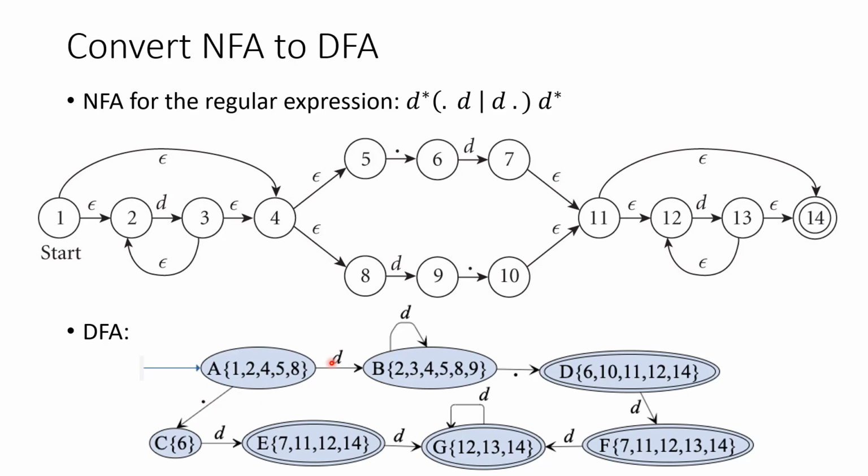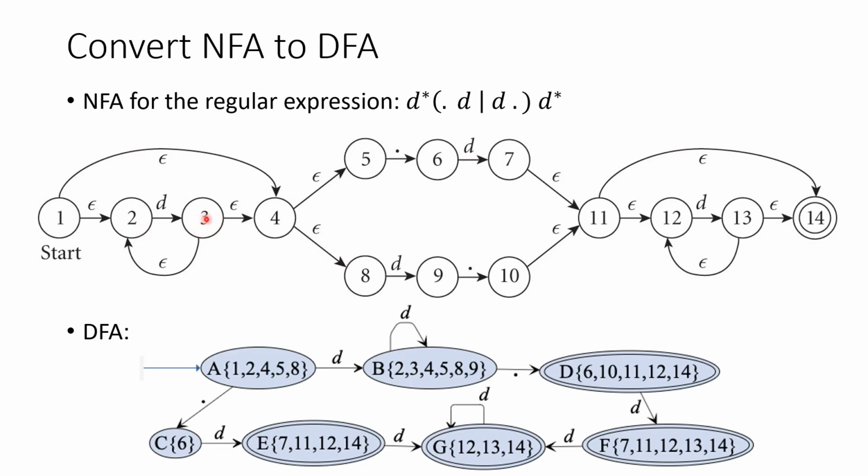On the input symbol D, we cannot go anywhere from states 1, 4, and 5. But from state 2, we can go to state 3 on the input symbol D, and then go back to state 2 via the epsilon arrow.